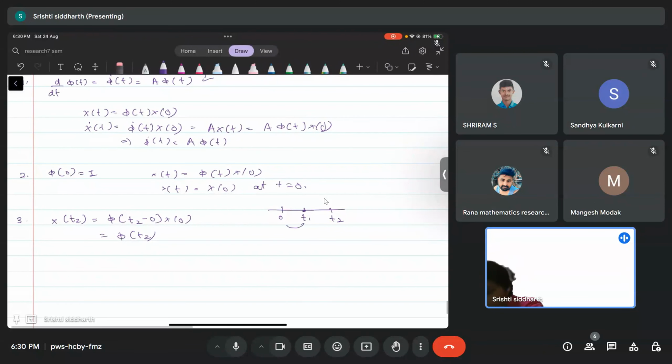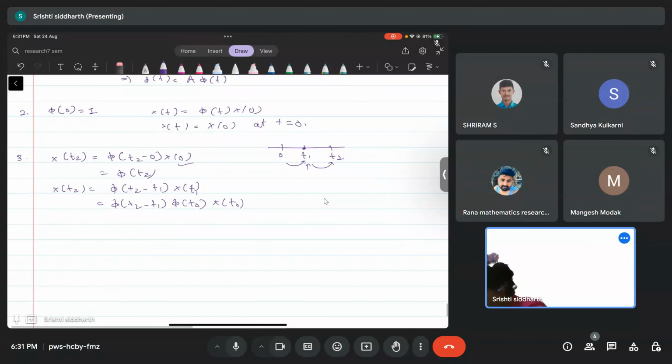We can go up to t1, stop there, and then use these as initial conditions and go to t2. So in that case, x at t2 is going to be phi of t2 minus t1 times x1, or x at t1. And what is x at t1? It is simply phi starting from t0 times x at t0, or sometimes 0, whatever you are considering. So this implies that phi of t2 minus t0 is actually phi of t2 minus t1 times phi of t1 minus t0.